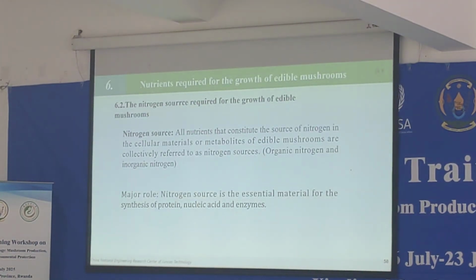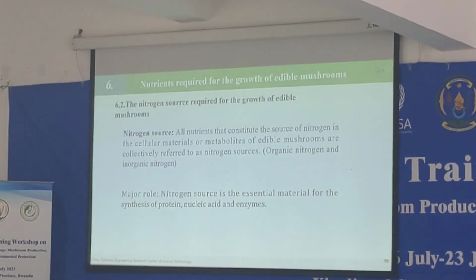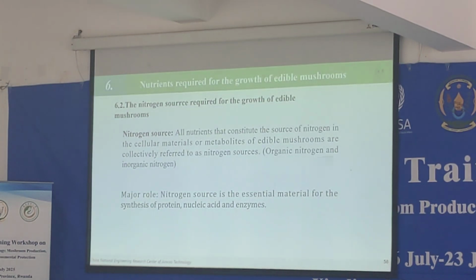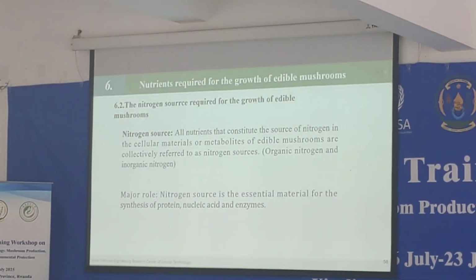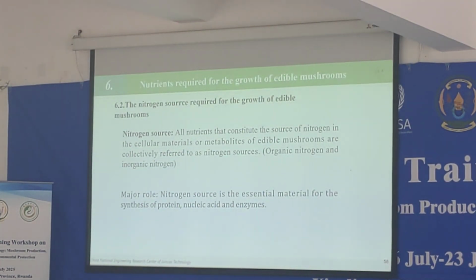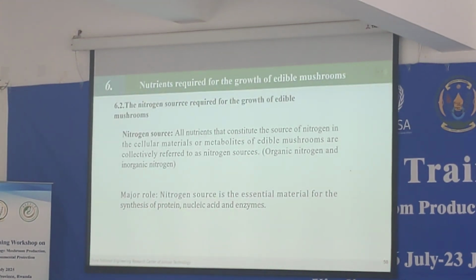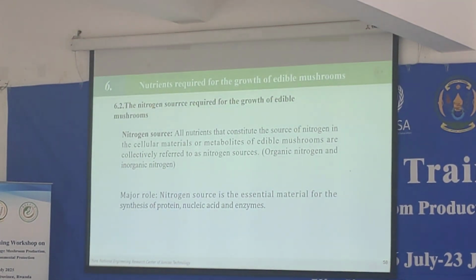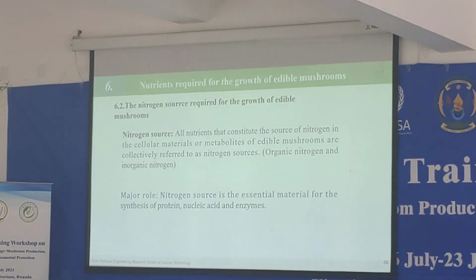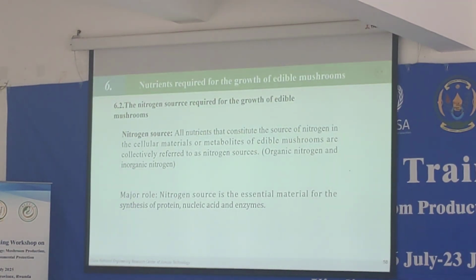So when we make a substrate, we should put carbon source and nitrogen materials together according to the formula. Later I will introduce the ratio of carbon source to nitrogen source. Nitrogen is the essential material for synthesis of protein. Mushroom protein is high, so they need nitrogen to synthesize it, and also some enzymes.